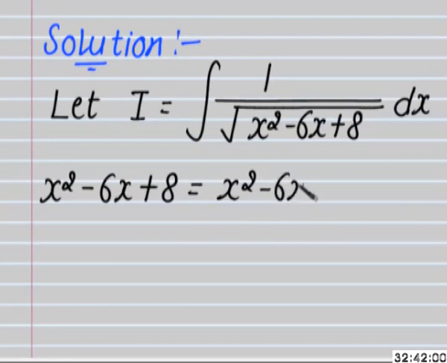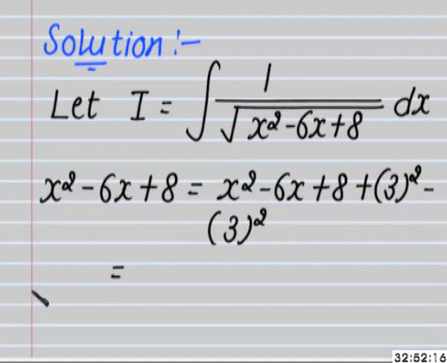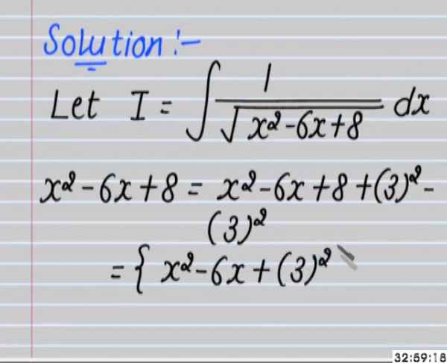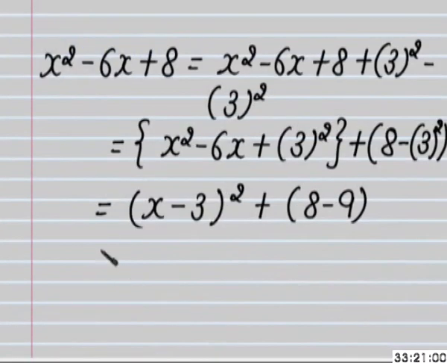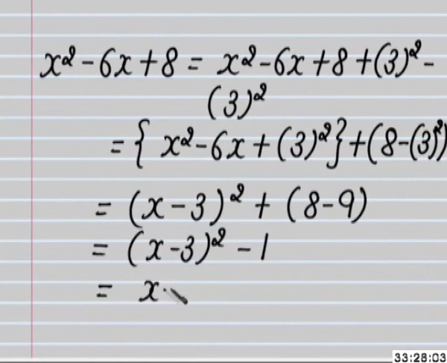x square minus 6x plus 8 plus 3 square minus 3 square, and that is further equal to x square minus 6x plus 3 square plus 8 minus 3 square, that is equal to x minus 3 whole square plus 8 minus 9, and that is equal to x minus 3 whole square minus 1, can be written as x minus 3 whole square minus 1 square.